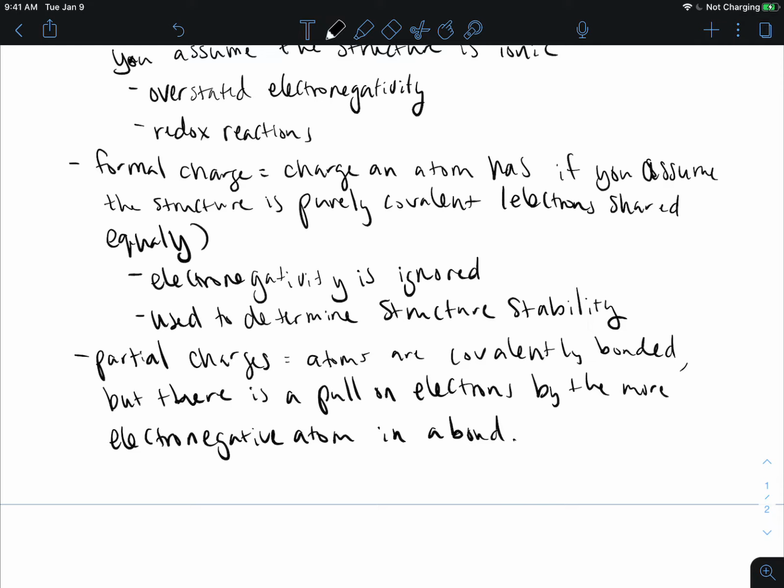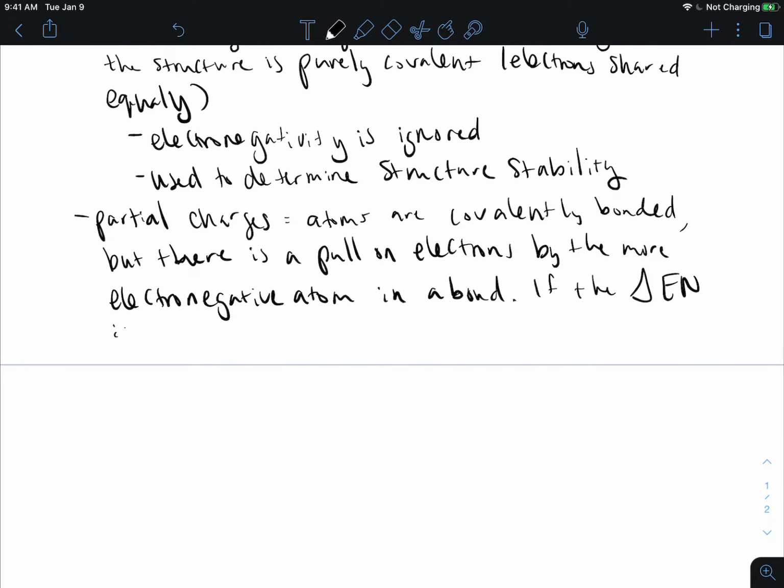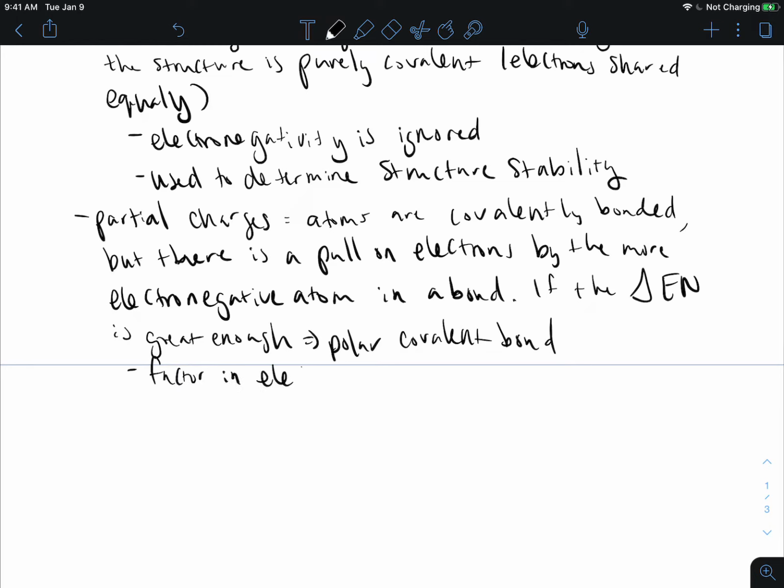And if the difference in electronegativity is great enough, we will produce a polar covalent bond, where the electrons are not perfectly shared between the two atoms, but there's a shift. So this is going to factor in electronegativity fairly well. So it'd be a good approximation.